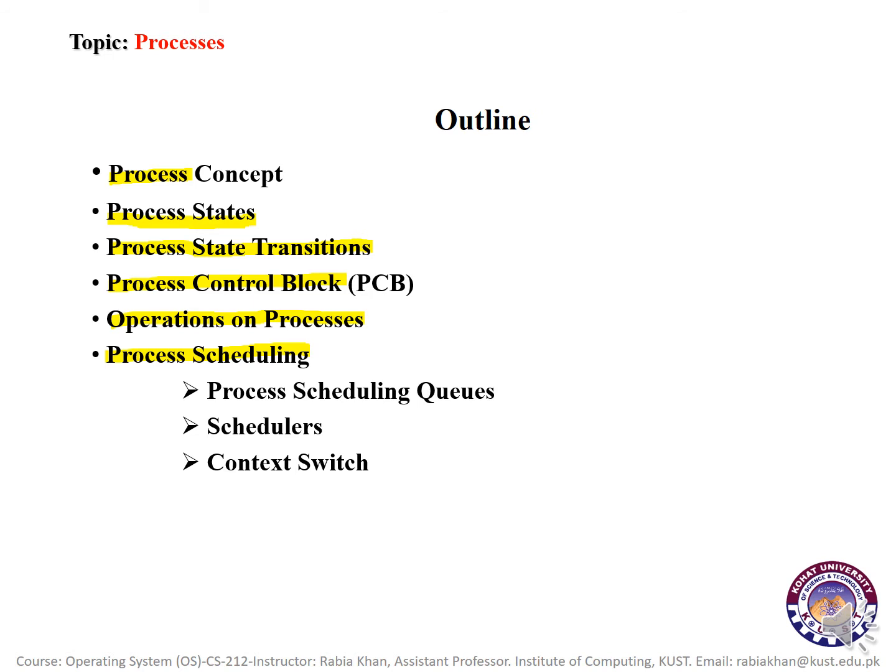That includes different types of scheduling queues in which your process stays over its life cycle. What are different types of schedulers performing different actions on user process, and then how context is changed from one process to another. So this is the discussion agenda that we are going to discuss in this chapter. So let's proceed.